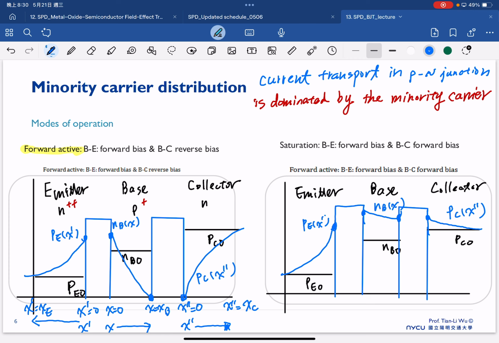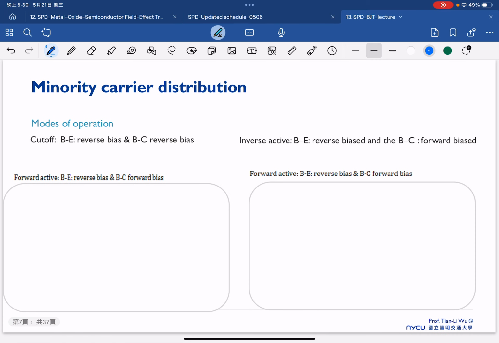So this is the case under saturation, and similarly we can quickly draw again under the cutoff. The cutoff is where everything is under reverse bias.